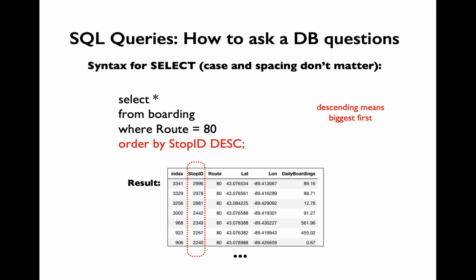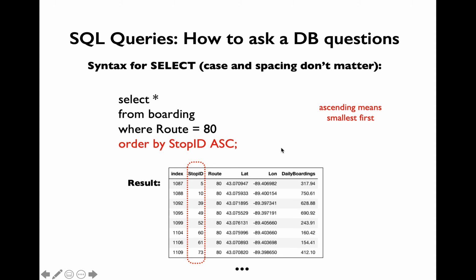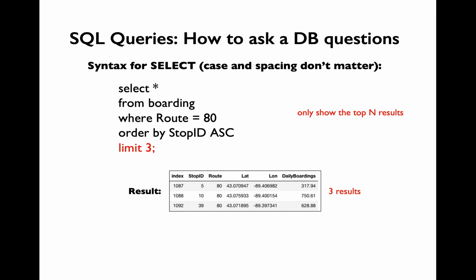So how do you specify descending? You'll have to explicitly say order by column name and then DESC, which is the keyword over here. Of course, you could also explicitly specify ASC for ascending, but it is not needed because that's the default ordering.